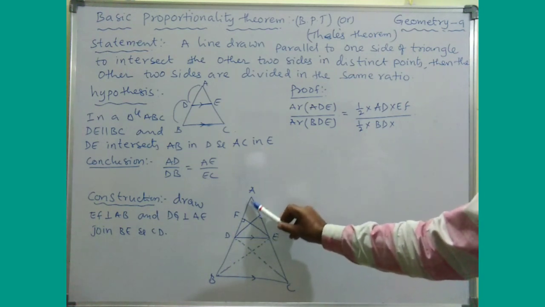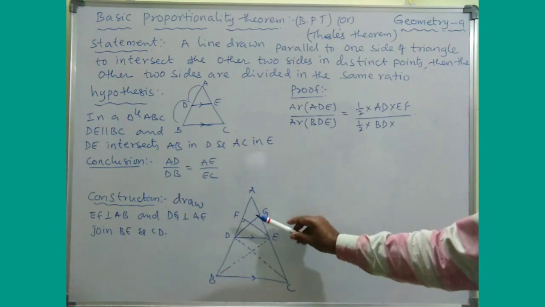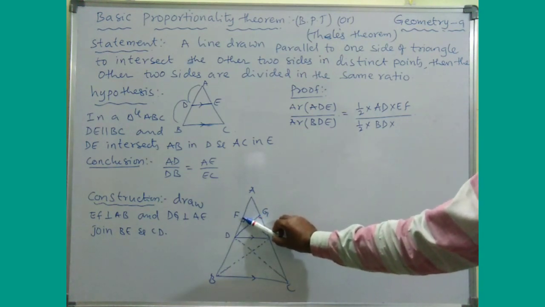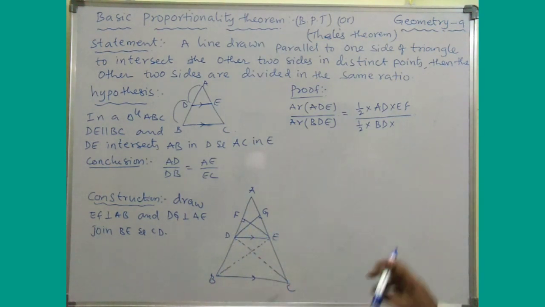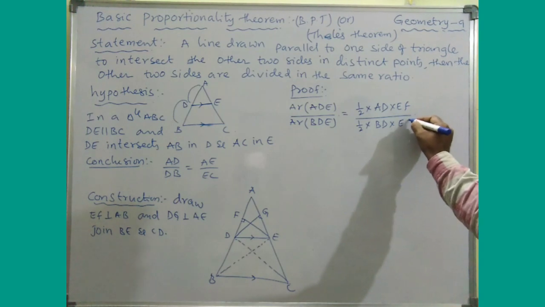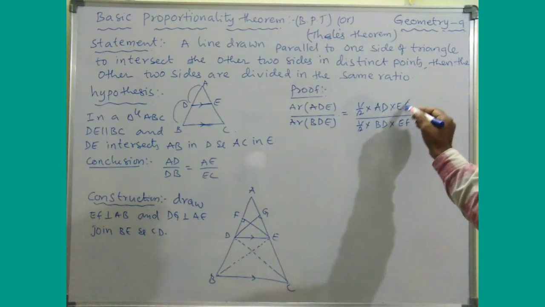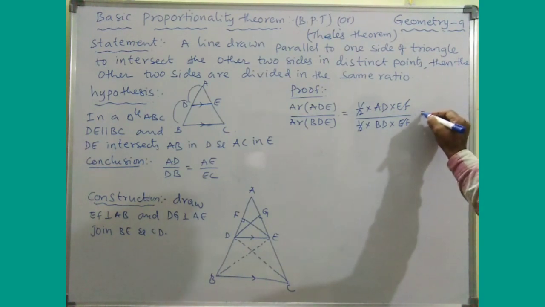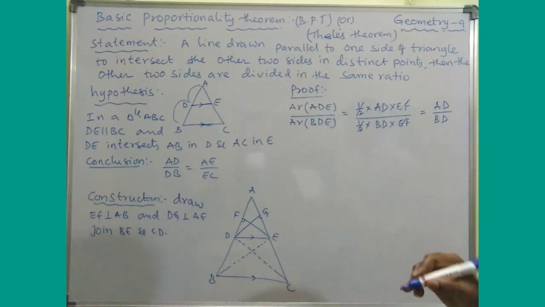I mean the above triangle ADE is on same base, no? Isn't it? Hence height of triangle ADE is equals to height of triangle BDE. That's why here also I want to take height as EF. Now half, even EF cancel. Hence this ratio is equals to AD by BD.